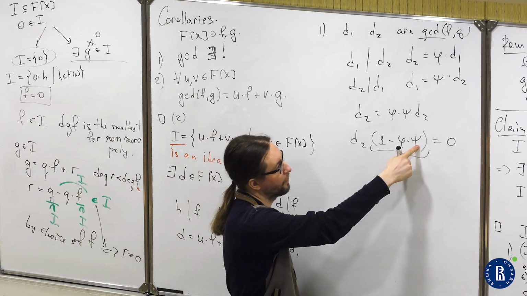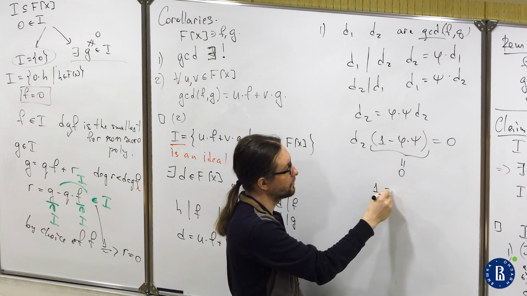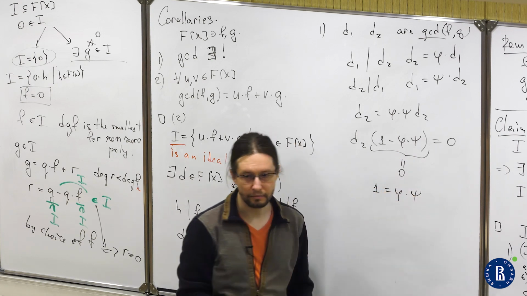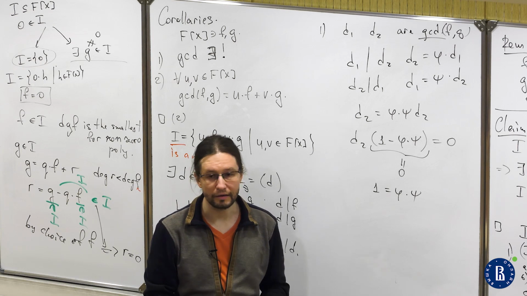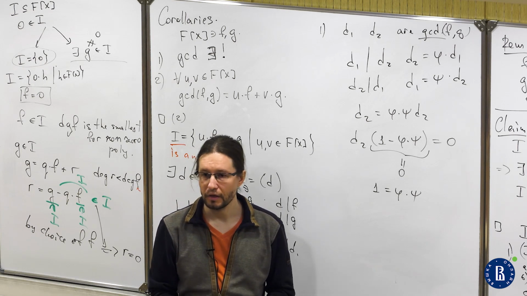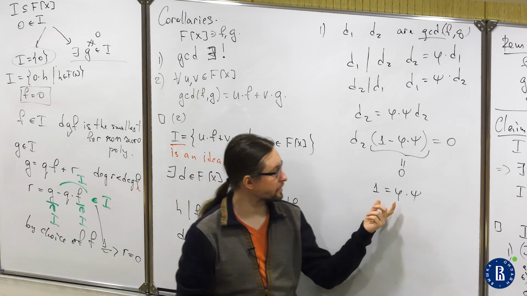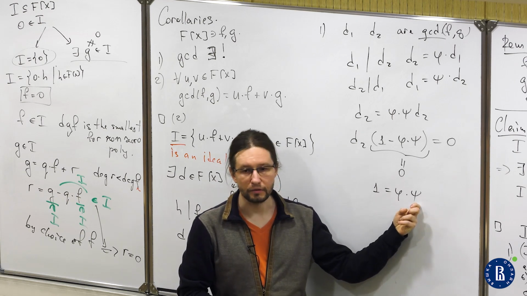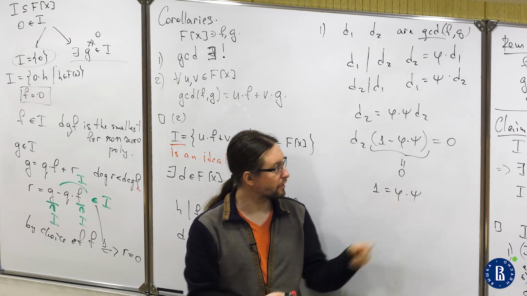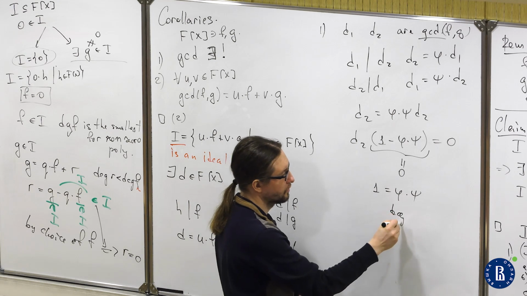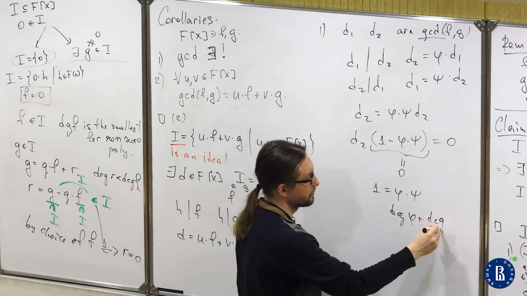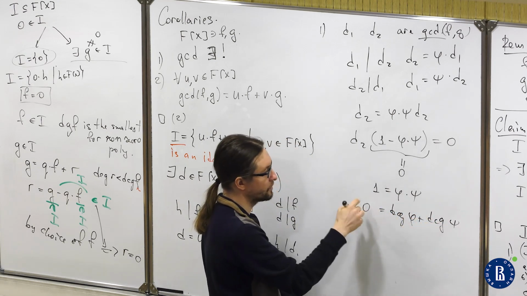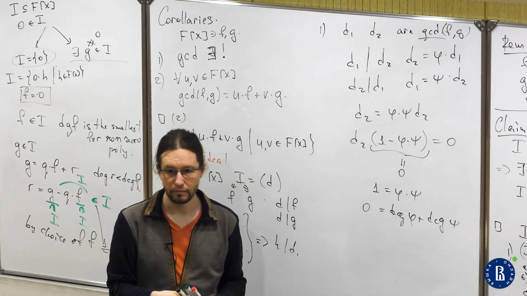But this means that 1 equals phi times psi. So phi and psi are invertible polynomials. But what are the invertible polynomials? Again, these are non-zero polynomials, and the degree of phi plus the degree of psi equals 0, the degree of 1.